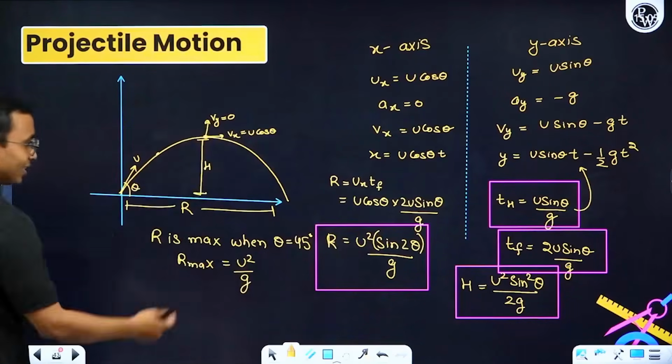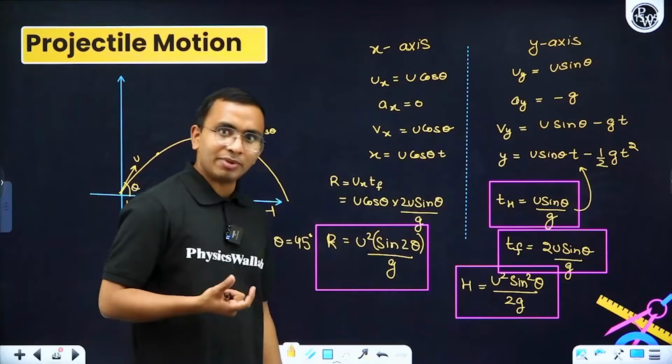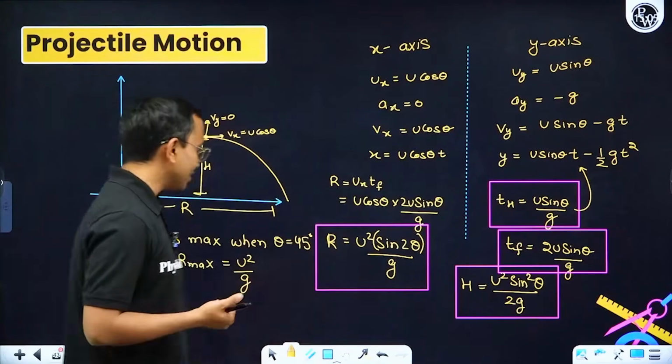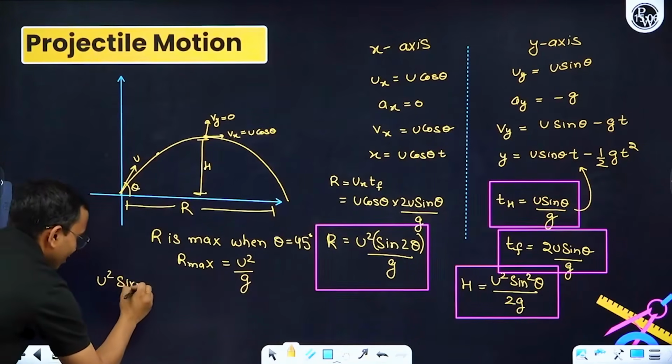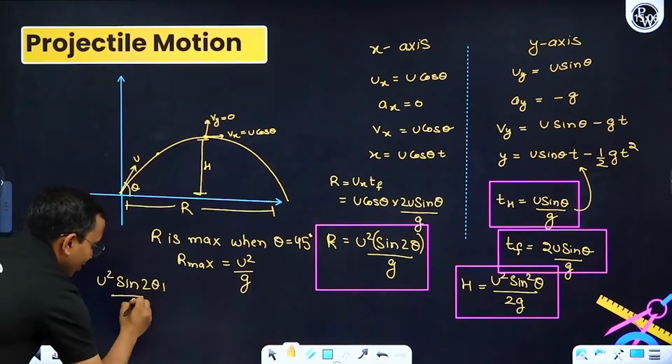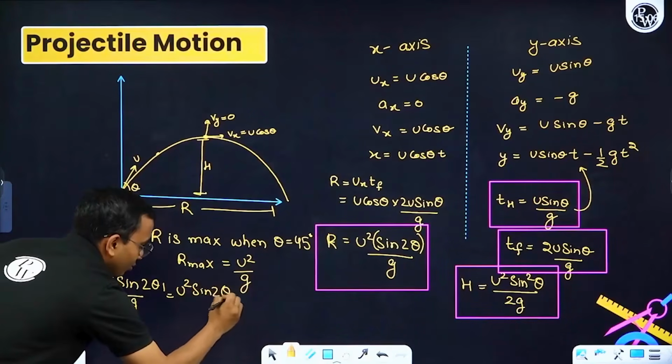Okay, so let us take two angles, theta 1 and theta 2. Can they have the same range when the speed is same? Yes. So how? You see, u square sine 2 theta 1 by g is equals to u square sine 2 theta 2 by g.